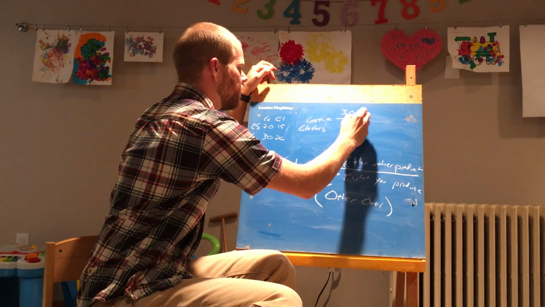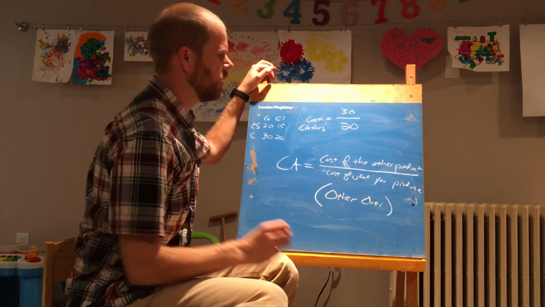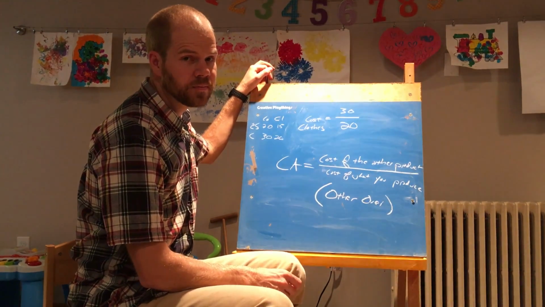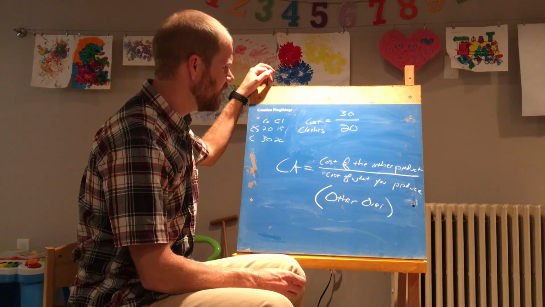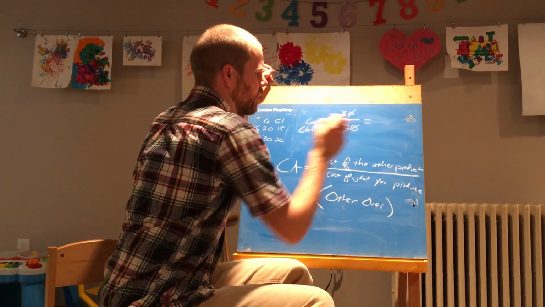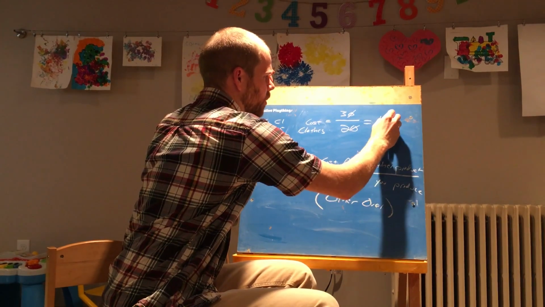And what's 30 divided by 20? Yeah, it's 1.5. That's 3 over 2, which is 1.5.